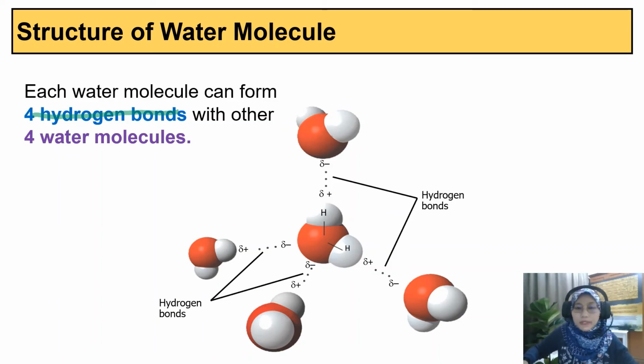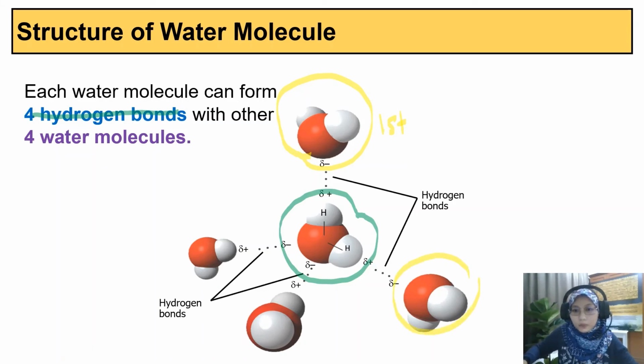As you can see from this diagram, this is the main water molecule. One water molecule is located at the center, and it links to other neighboring water molecules. This is the first water molecule, this is the second, this is the third, and the last one, the fourth water molecule.